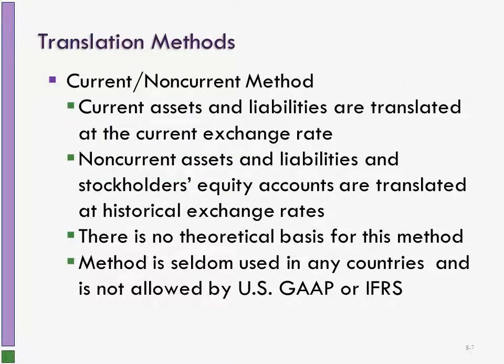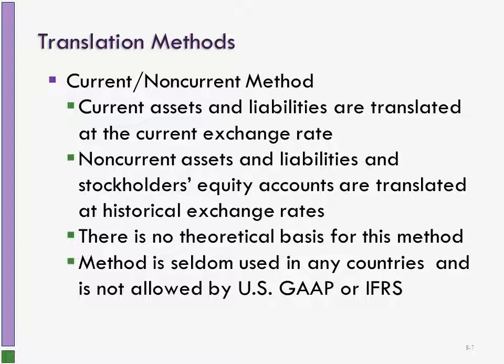The first translation method is the current non-current method. The rules for the current non-current method are as follows. Current assets and current liabilities are translated at the current exchange rate. Non-current assets, non-current liabilities and the stockholders' equity accounts are translated at the historical exchange rate.